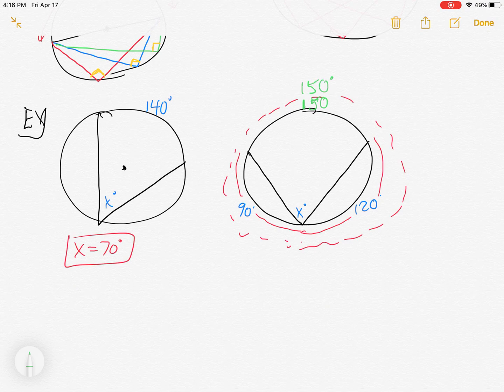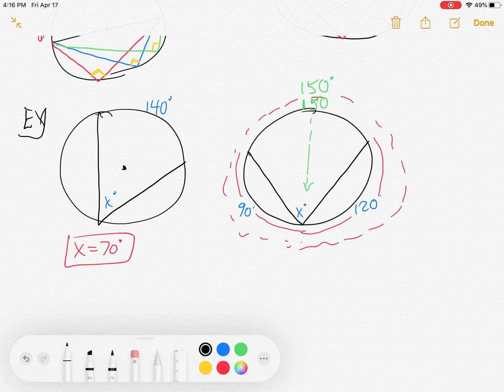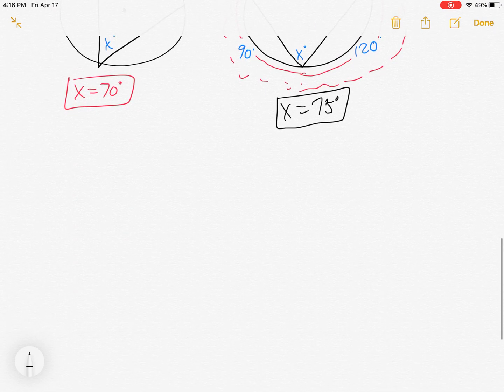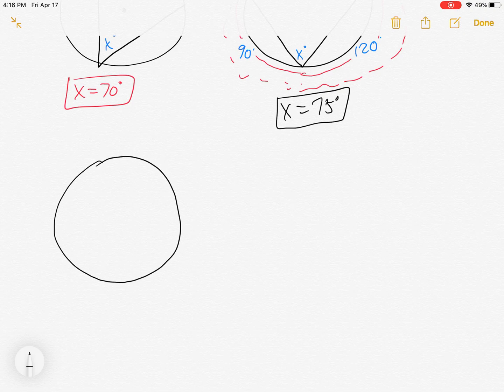Well, 90 plus 120 is 210, so there's exactly 150 degrees left. So what's this? 75. Aren't these nice? If this was on a test, drawing that right there is probably the main thing I'm looking for, that you had to find that first, you got that, and then you're able to get X.